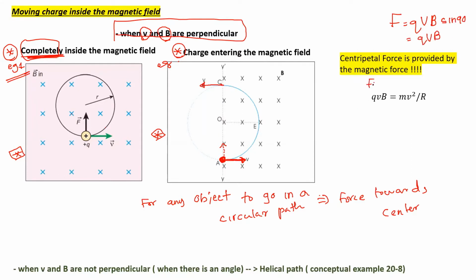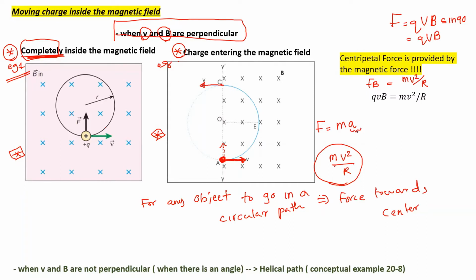So the magnetic force provides the centripetal force. You remember this, right? From old stuff, mv squared over r. So this is the centripetal force, remember? You remember F equals ma? Yes.